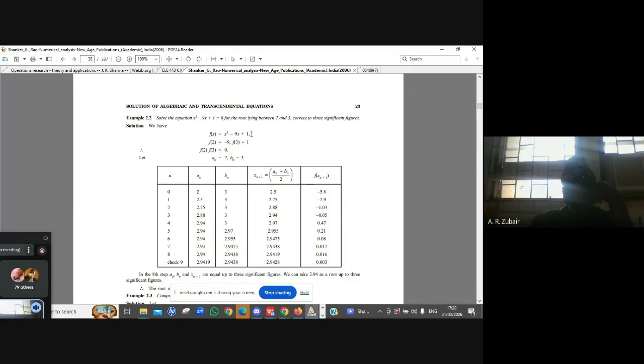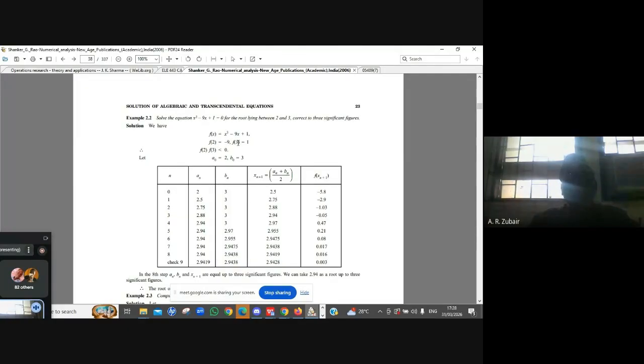So we have this expression. It will now tell us that the function f of x equals x cubed minus 9x plus 1. So when x is equal to 2, the first extreme, we are looking for the solution in between 2 and 3. So what we're going to do is, when x is equal to 2, you get minus 9.